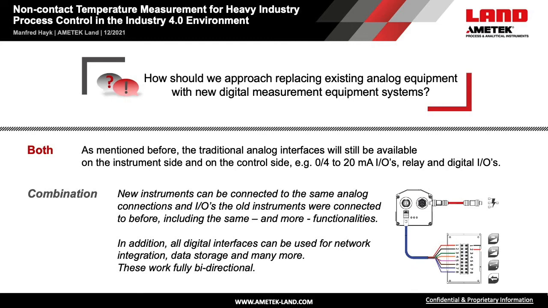New instruments can be connected to the same analog connections and IOs the old instruments were connected to before, including the same and more functionalities. In addition, the whole digital interfaces can be used for network integration, data storage, and many more. These work fully bidirectional and, with internal web servers provided, they can be accessed via the integrated digital interface too.